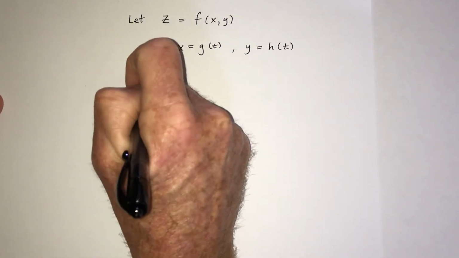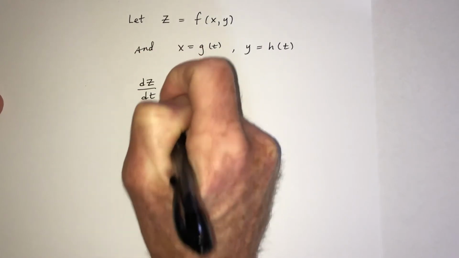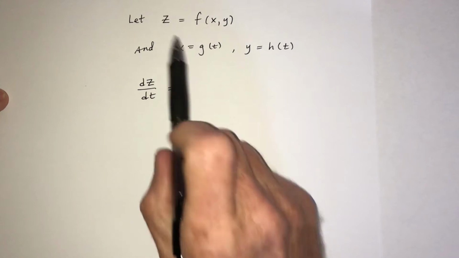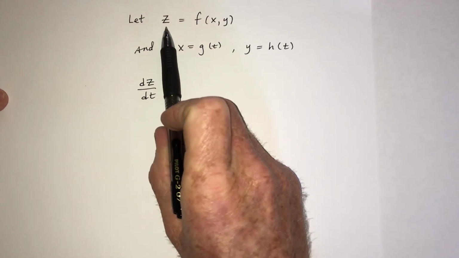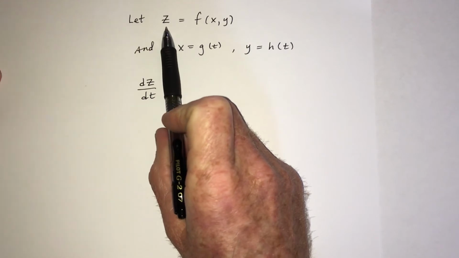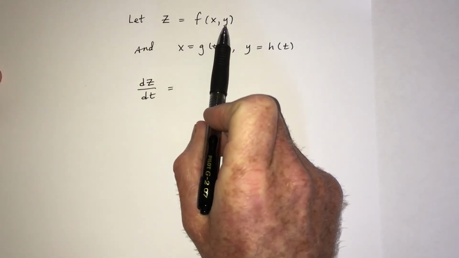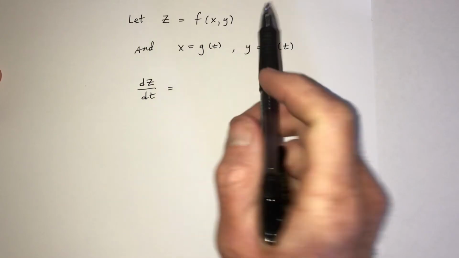So then the derivative of z with respect to t, so this is now a function of two variables, so that means that it has two first derivatives. There's the derivative with respect to x, there's also the derivative with respect to y. So we're going to need to do both of those.